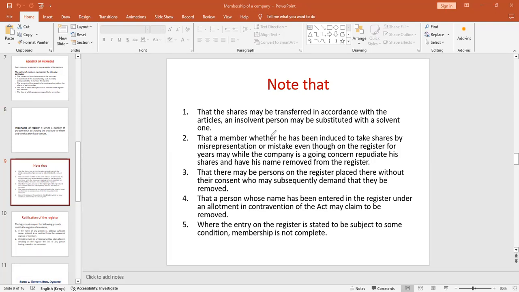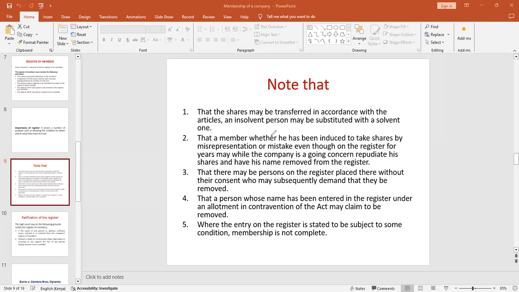And then a member who bought shares by mistake or by misrepresentation, which is a vitiating factor, and wants to change their name, the company can decide on whether to do it or not. It sort of comes down to how long it took before you made that decision to have your name removed.